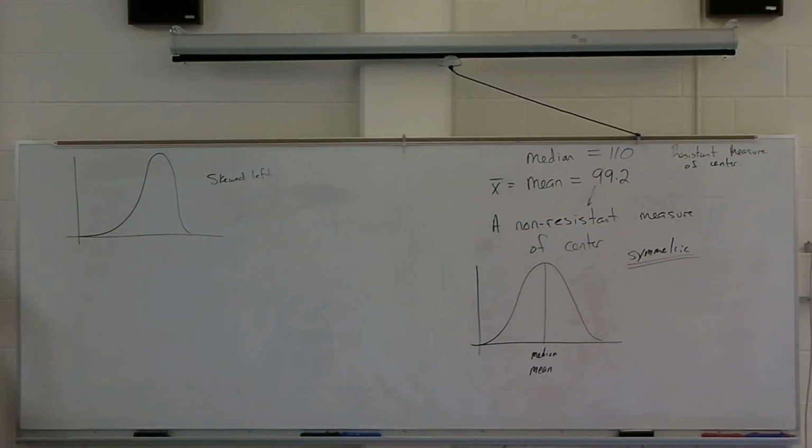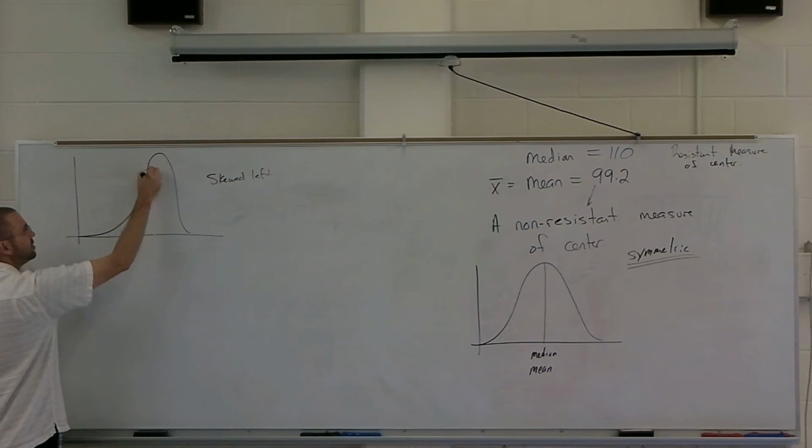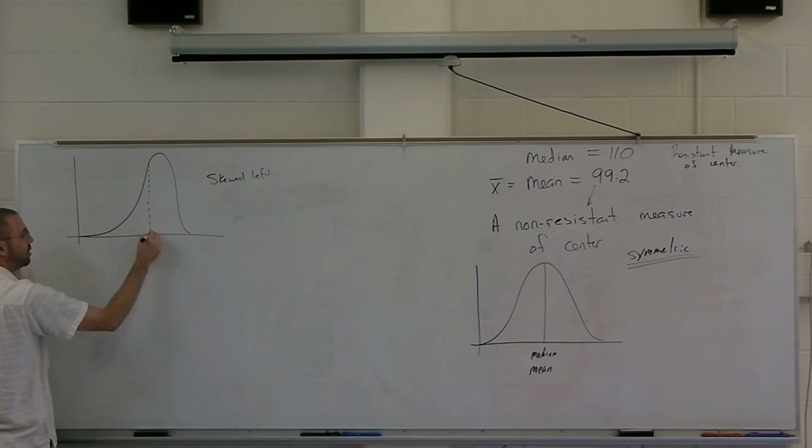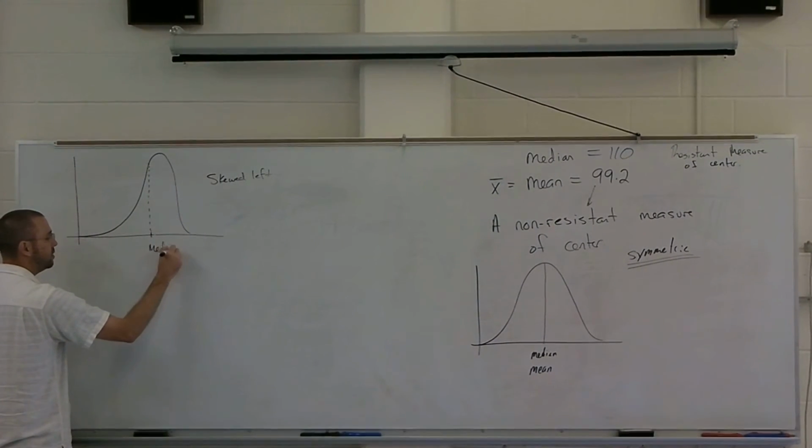In this particular picture, where is that center going to occur? It's going to occur to the left of the big bump, but not too far down here, because we're still measuring half of the data on one side, half on the other. So the median here is going to be somewhere around here.